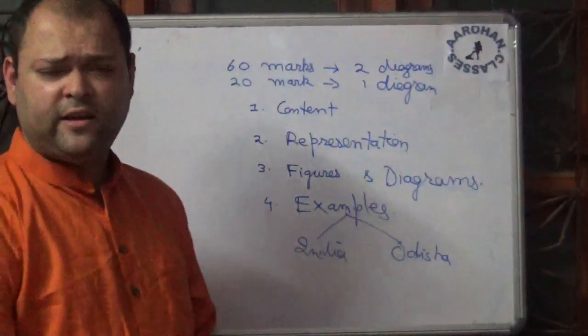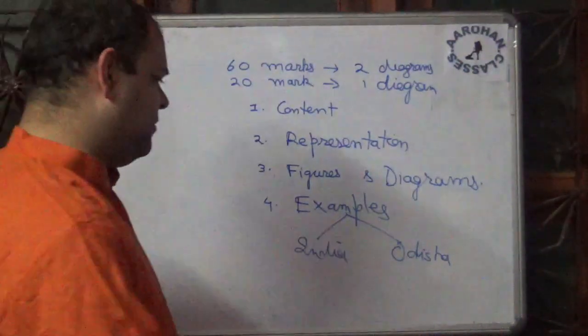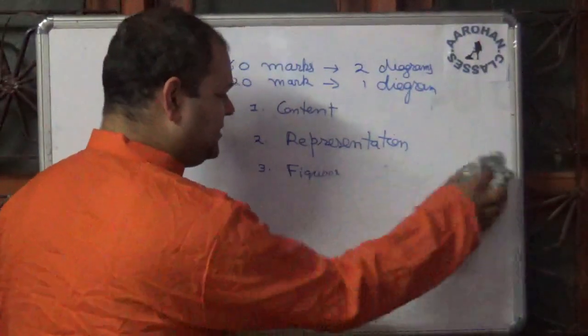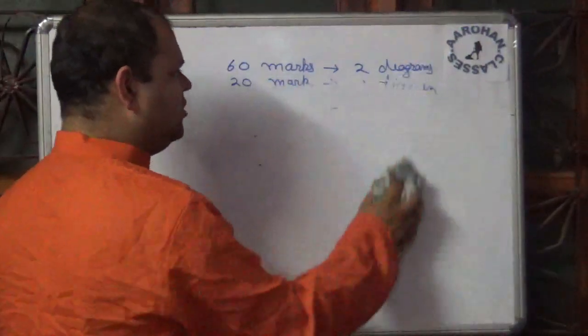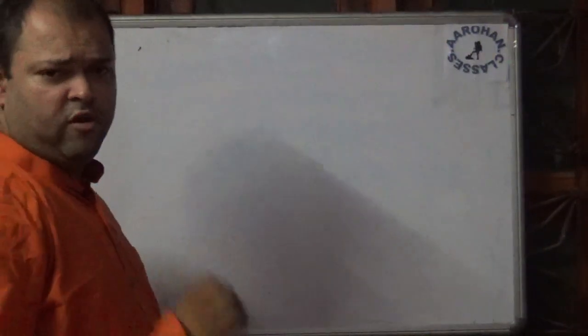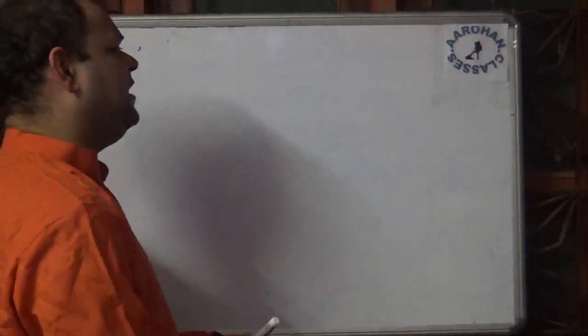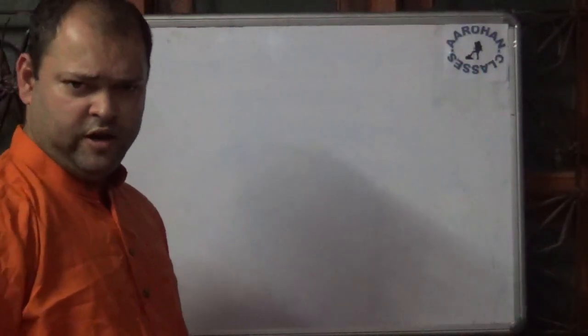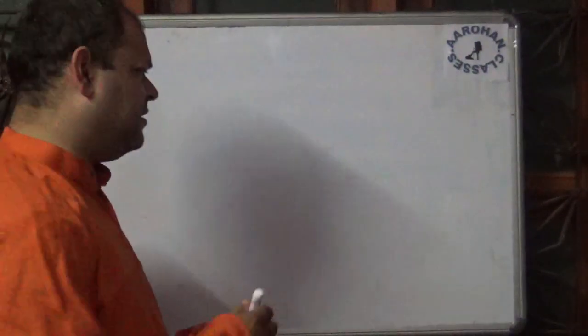So what I actually mean by diagram, let me give you an example. Let us say a question has been asked to give reasons for something, a 60 marker, and you have written that there are 4 reasons. Let's say, what are the reasons for malnutrition in India, for example.